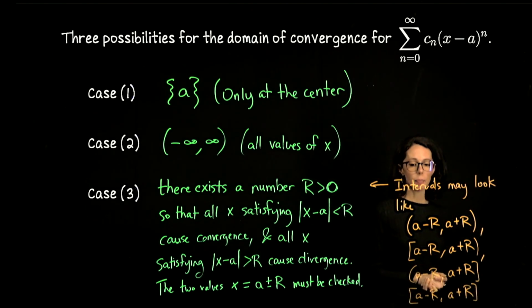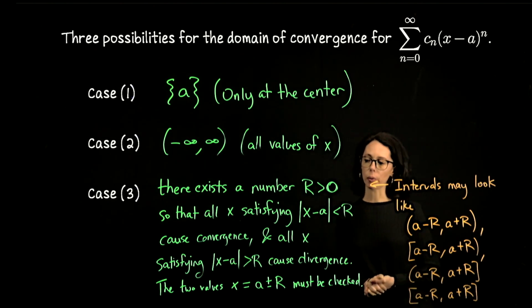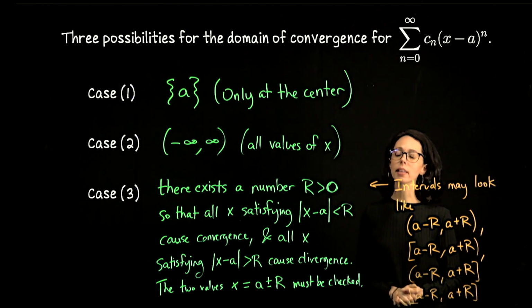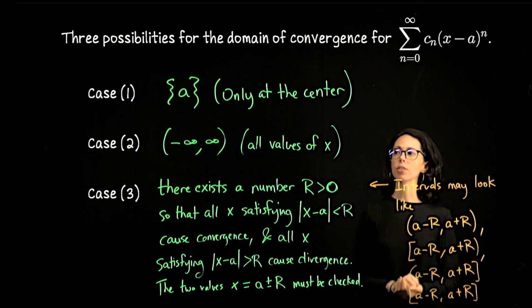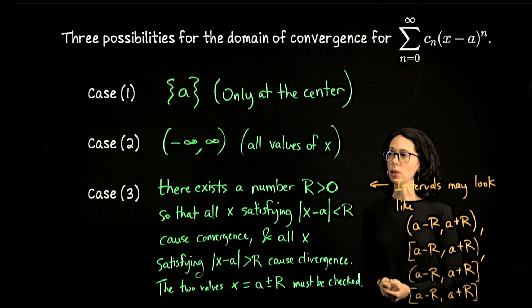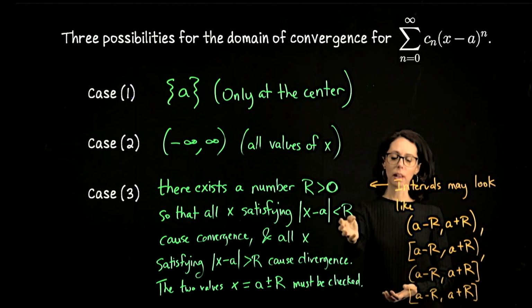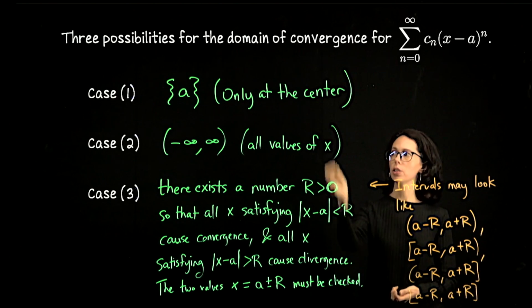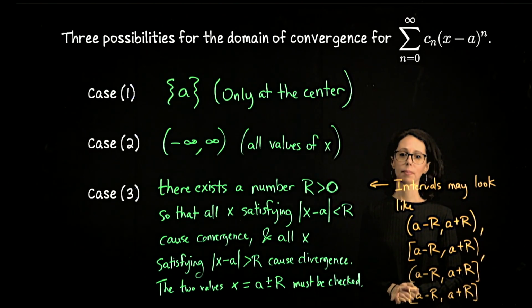All right, let me pause for a second here just to let you digest these three cases, but I want to say a little bit more about this number r, and I also want to link it to the first two cases, and maybe you do too. So looking at these first two cases, could you try to apply this notion of an r value to cases 1 and 2?